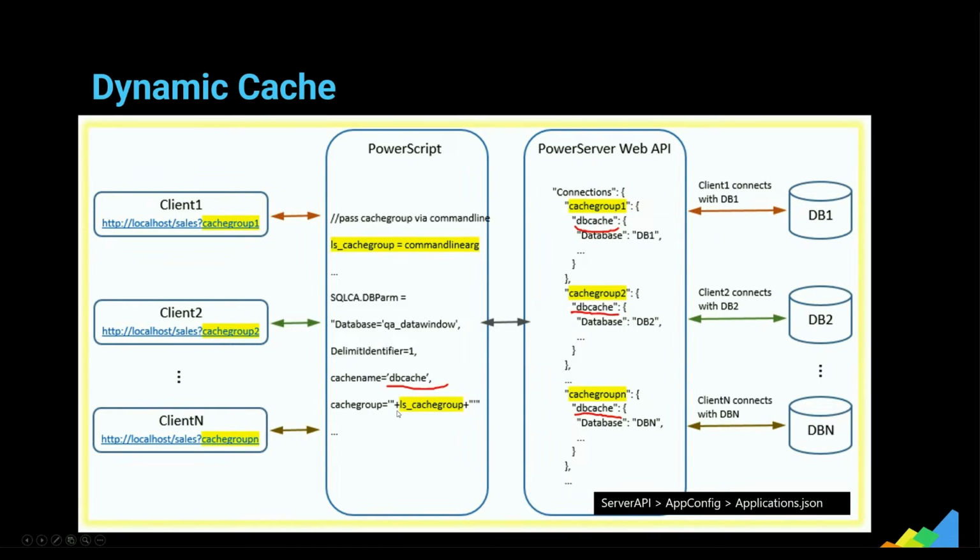So this picture shows a possible scenario. The clients start the PowerServer ICA, passing, for example, the cache group as an argument in the query string. This is intercepted in PowerScript via the command parm argument of the application's open event, and then the dbparm is built in such a way that it contains the cache group and the cache name, so that the SQLCA transaction object can dynamically map the right database among all the caches defined in the PowerServer Web API JSON config file.